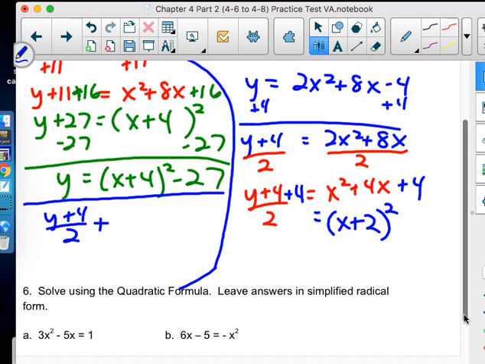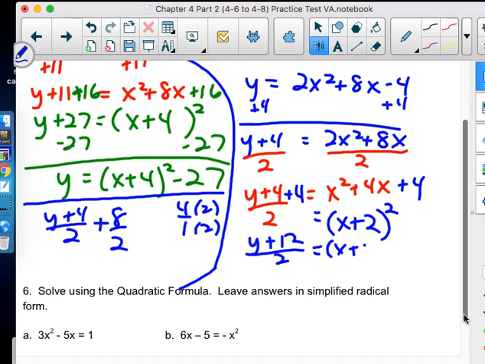If you've got a 4 over 1, you multiply by 2 on the top and the bottom. That'll be 8/2. Well, now we can put them together. Y plus 12 over 2 equals the x plus 2 squared.